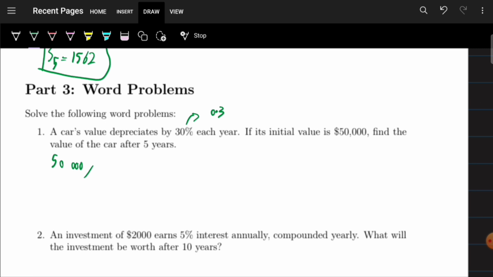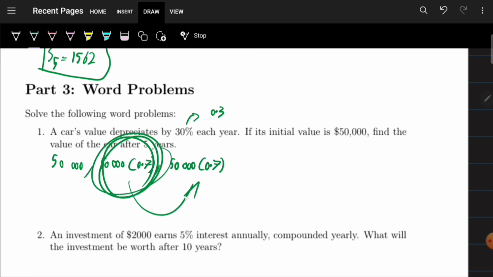In other words, if the car is initially worth $50,000, the next year it's going to be worth 70% of that, or 50,000 times 0.7. The year after that, it's going to be worth whatever it was the previous year, times 70%.